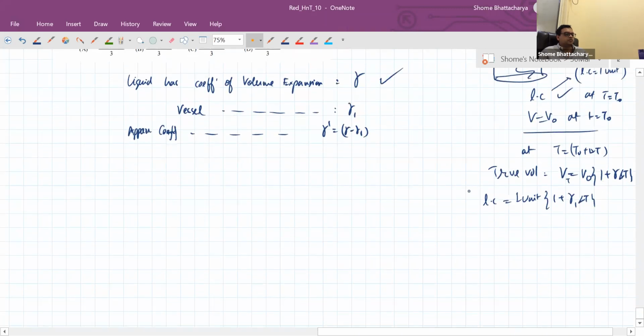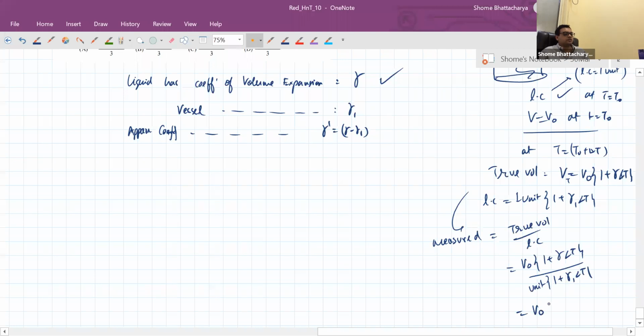Okay. So the measured volume will become the true volume divided by the least count. So it will become V naught into 1 plus gamma delta T upon whatever unit of volume we are using into 1 plus gamma 1 delta T. So this will become V naught into 1 plus gamma delta T into 1 plus gamma 1 delta T to the power minus 1.